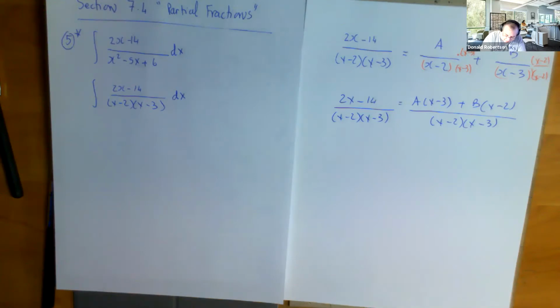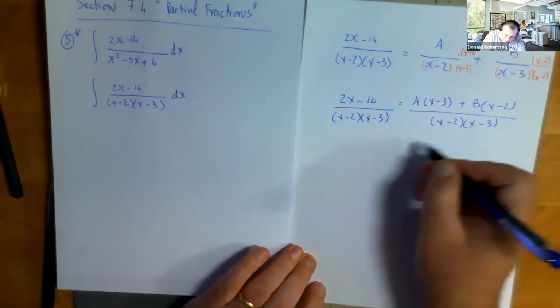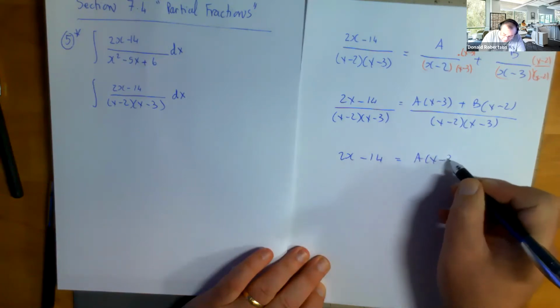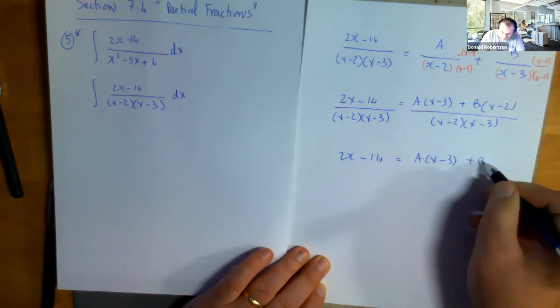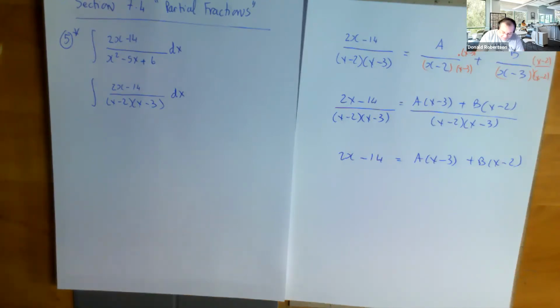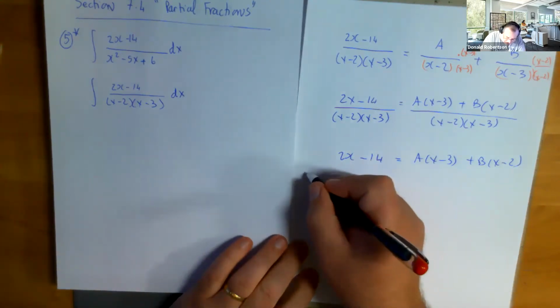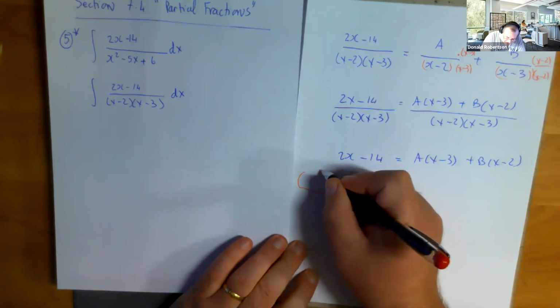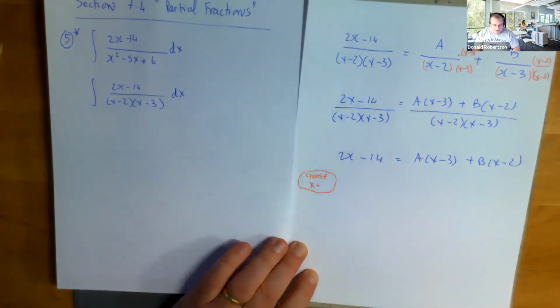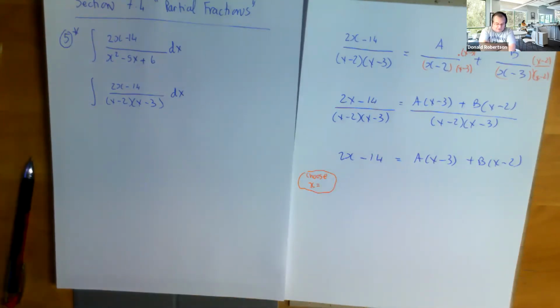And now we can do that little sneaky trick of saying that the tops, the numerators, must be equal. And now it's a matter of choosing x's.